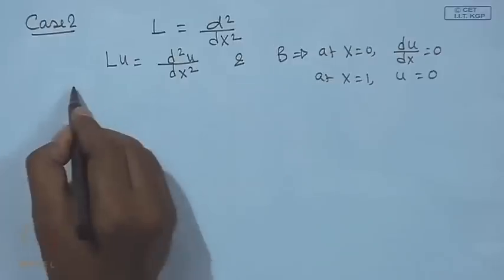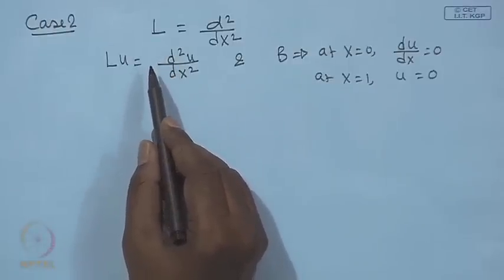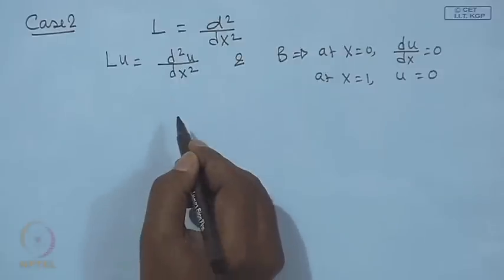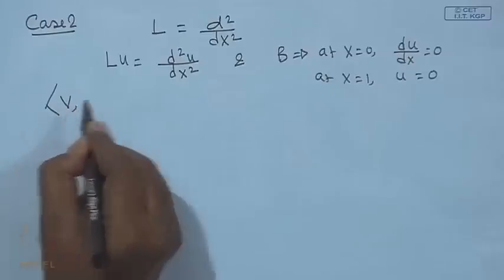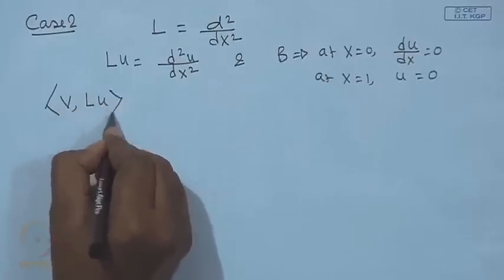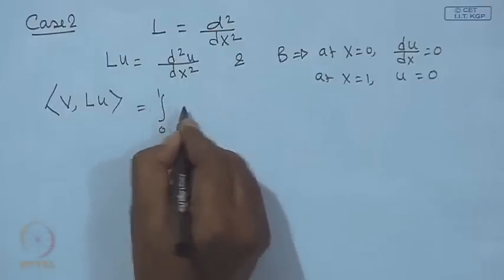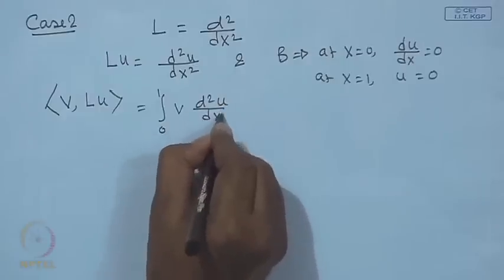Now, the question is whether L constitutes a self adjoint system, whether L is equal to L star or B is equal to B star or not. So, we start with the same formulation, inner product of V and Lu. So, it will be integration 0 to 1 V d square u d x square dx.